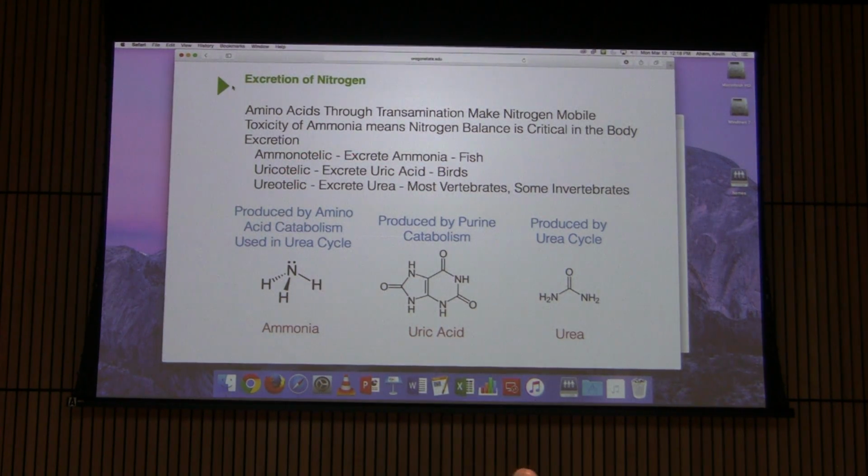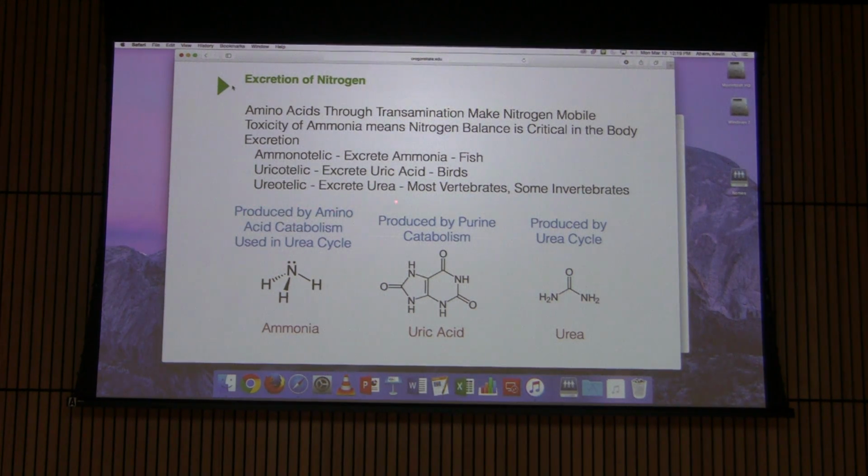Uricotelic organisms include birds and Dalmatian dogs, I think I've mentioned this one time previously, that excrete not urea like we do, but instead they excrete uric acid. And you remember that uric acid is a breakdown product of purines. It's also a means of getting rid of excess amines, and it's most commonly found inside of birds.